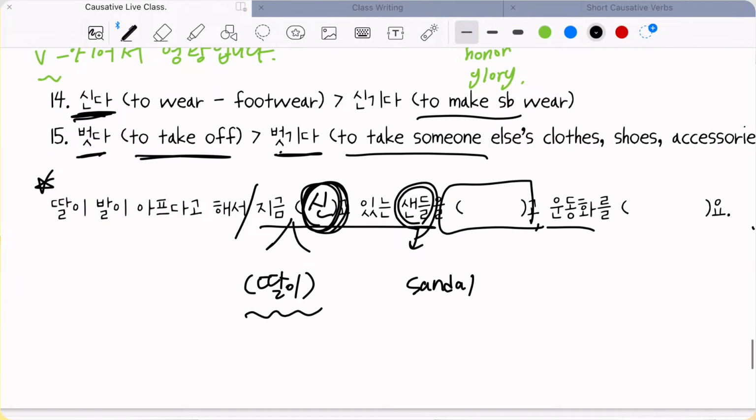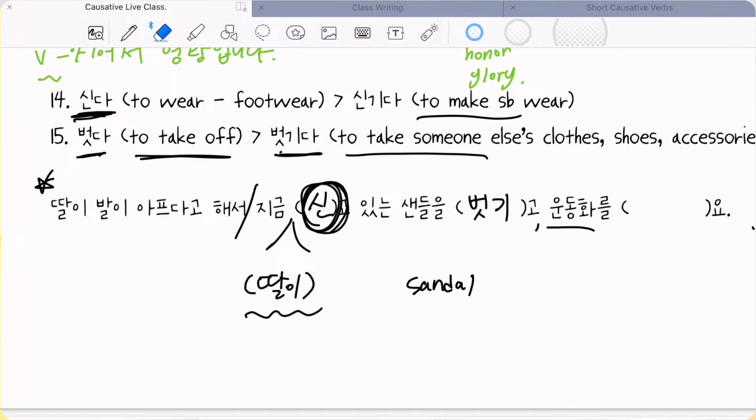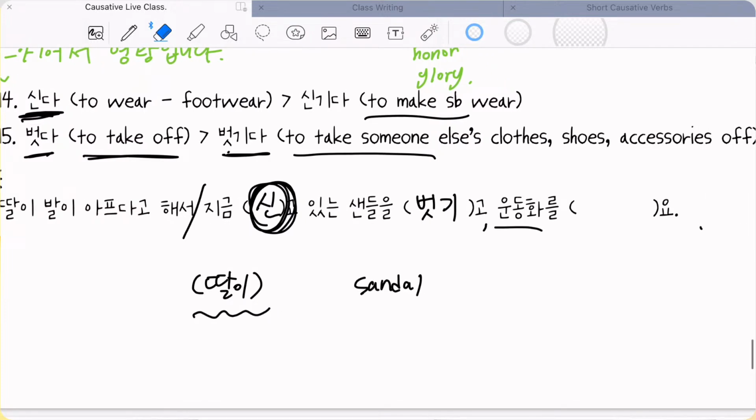So if you take your daughter's shoes off, then that's 벗기다, not 벗다, right? So 벗기고가 맞고요. In this blank, it should be 벗기고, and then you put on her sneakers instead.